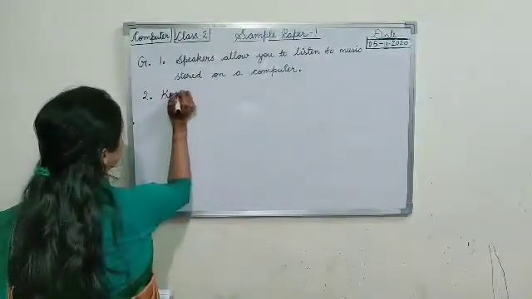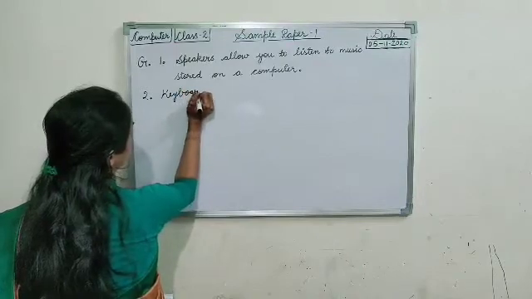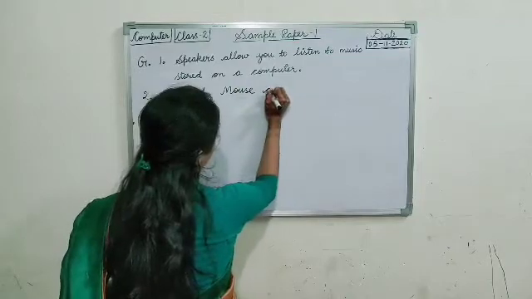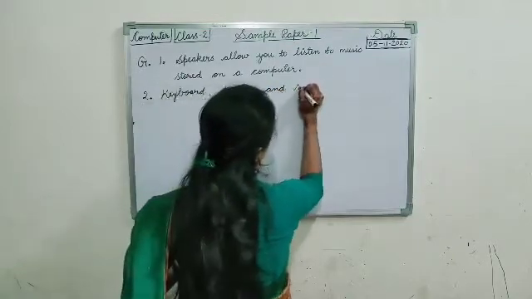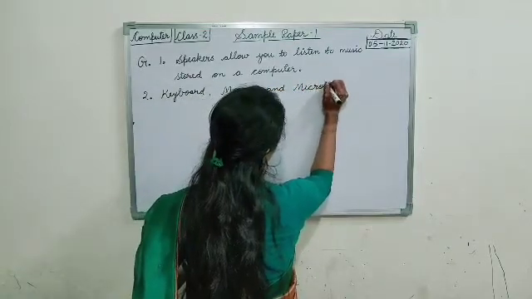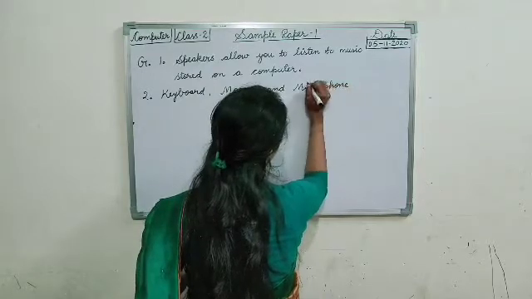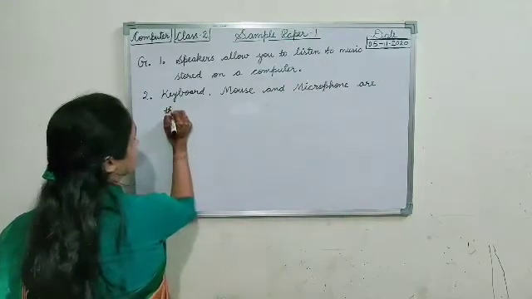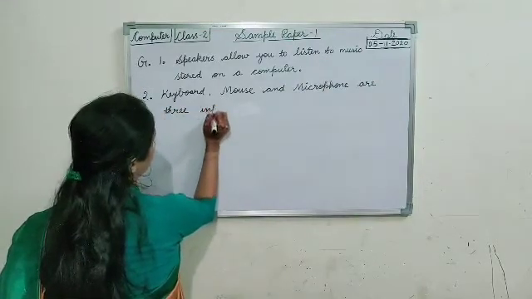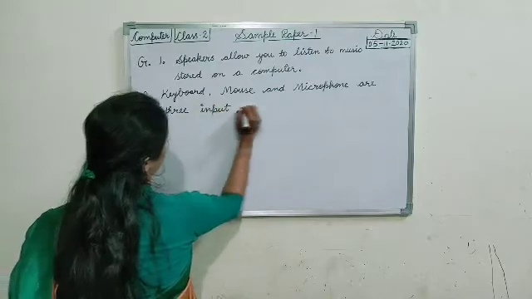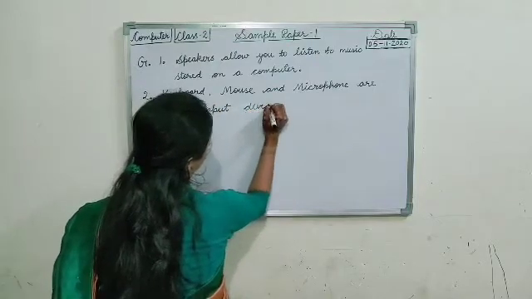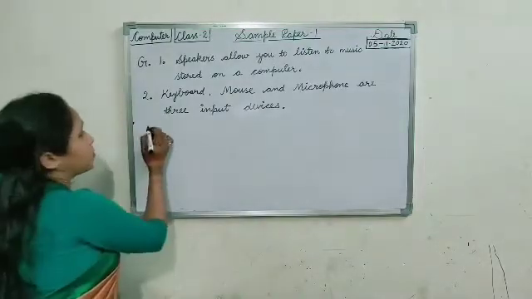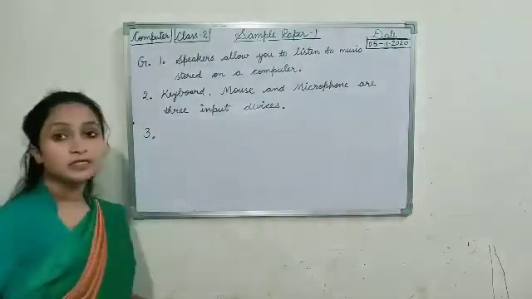So you write keyboard, mouse and microphone are 3 input devices. Clear? Keyboard, mouse and microphone are 3 input devices.